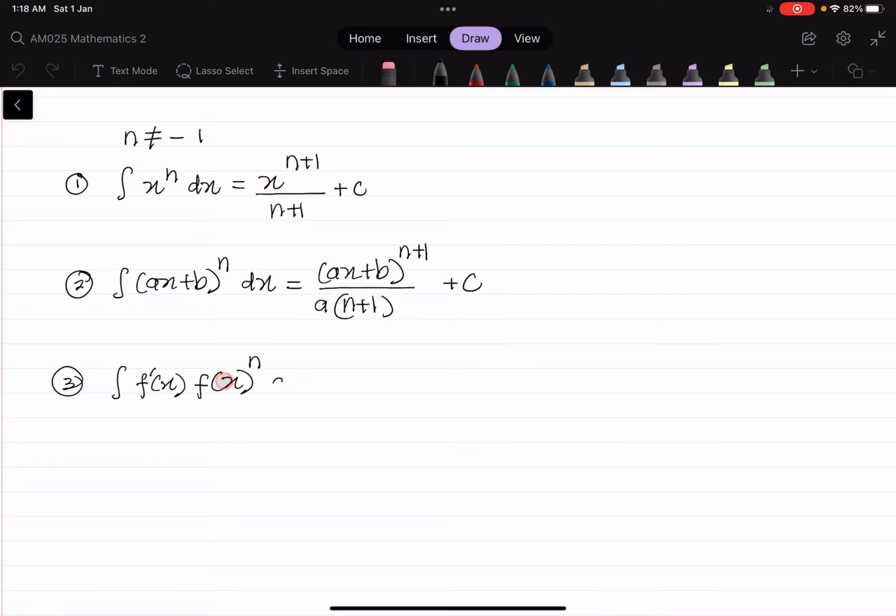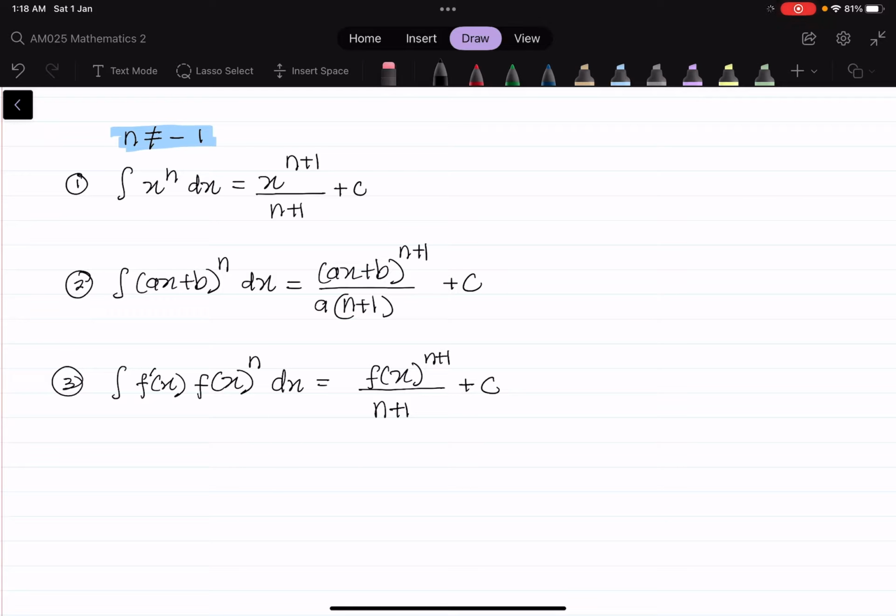Then we can simply integrate it as f(x) to the power of n plus 1, divided by n plus 1, plus c. That happens where the power is not equal to -1.